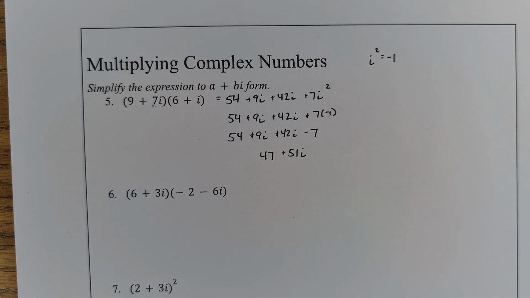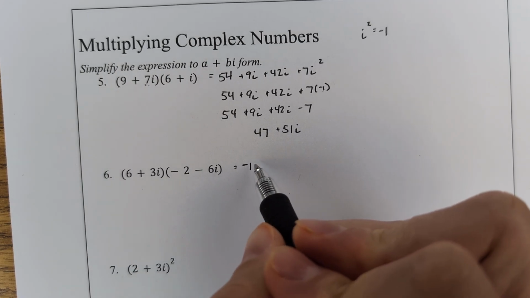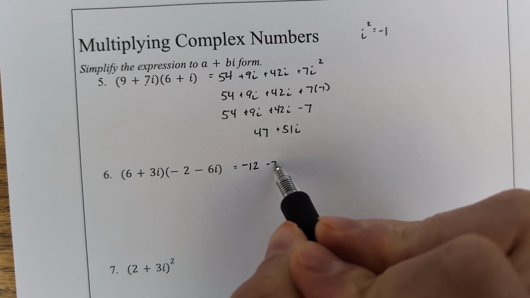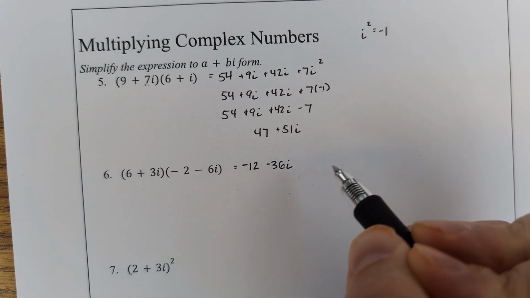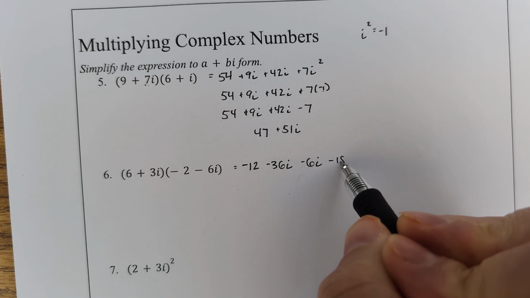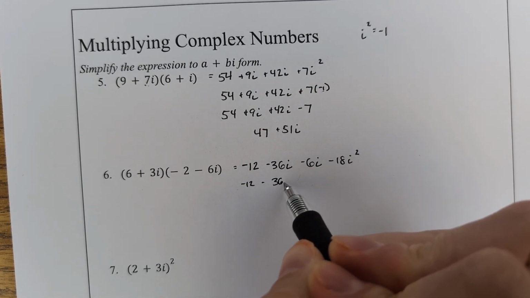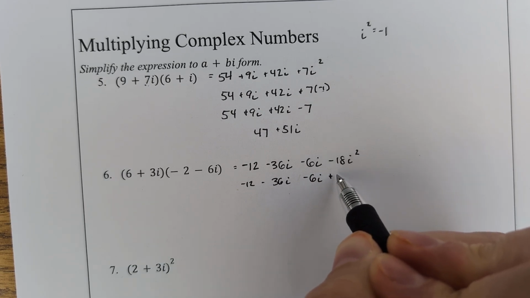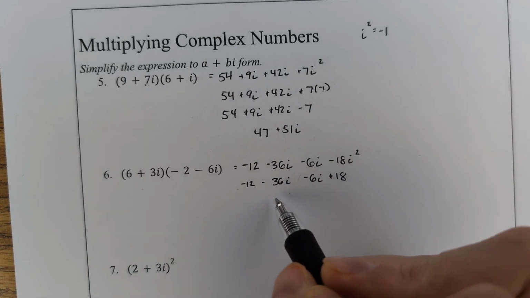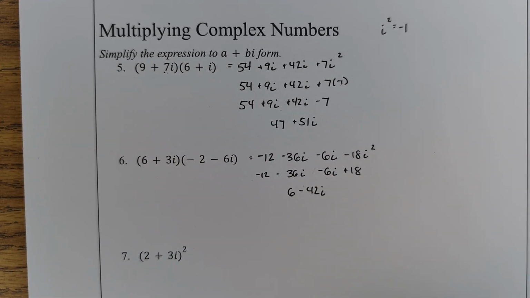All right, so for 6, distribute. We have -12 for the firsts, -36i for the outsides, -6i for the insides, and -18i squared for the lasts. i squared is equal to -1, so we change the sign in front and it disappears. That's 6 minus 42i after like terms.